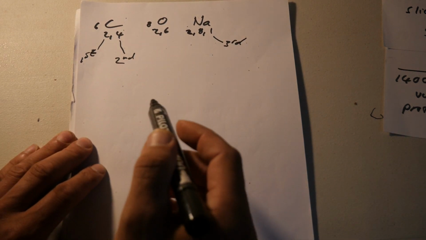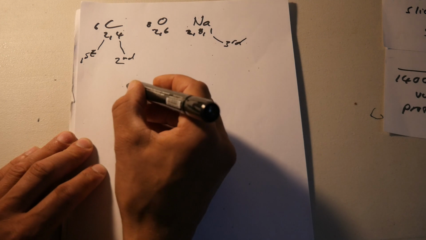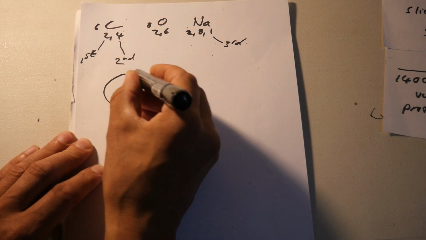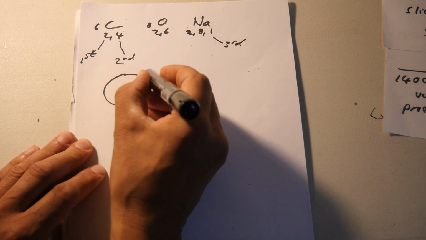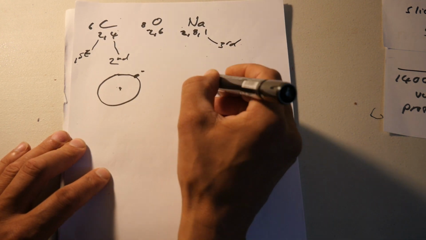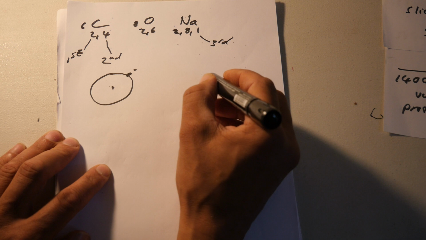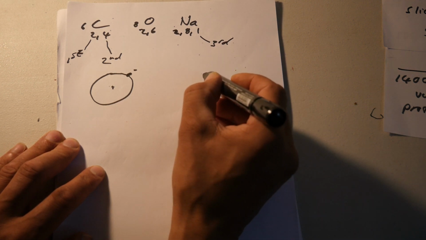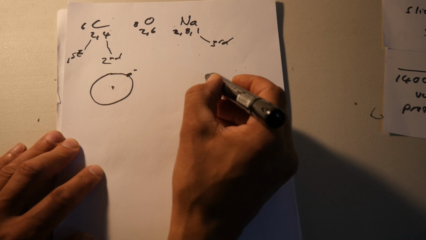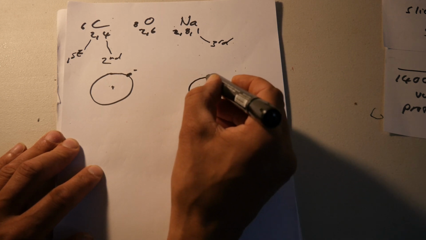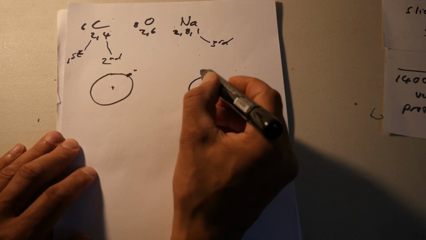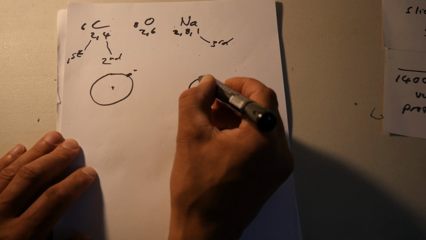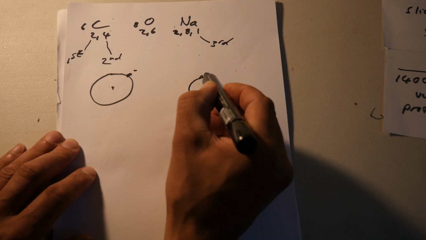So when you have, for a single hydrogen atom, I showed it was one positive with an electron in orbit around it, okay? For a sodium atom, you have a positive nucleus, okay? And then you have 2 electrons in the first shell.